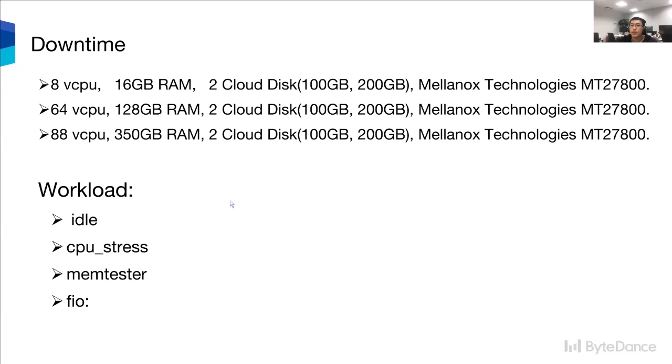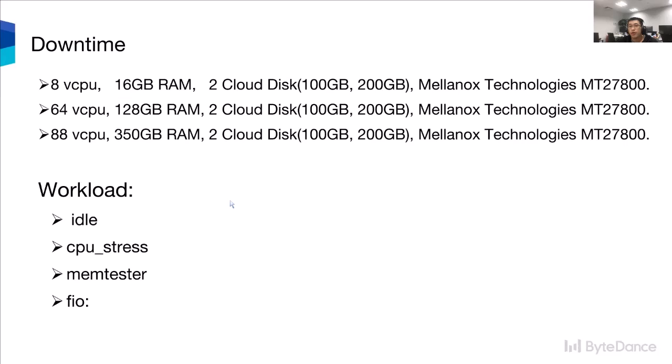We use different vCPU numbers and memory sizes to measure the VM downtime with different workloads. We use different benchmark tools to simulate common use cases of cloud services, including computation, storage, and memory.